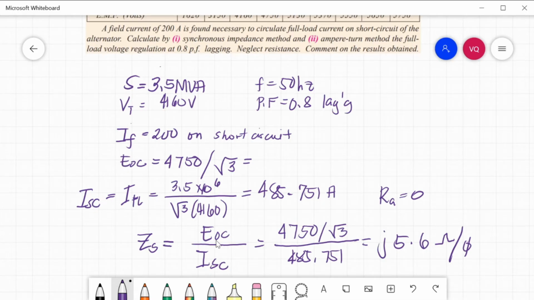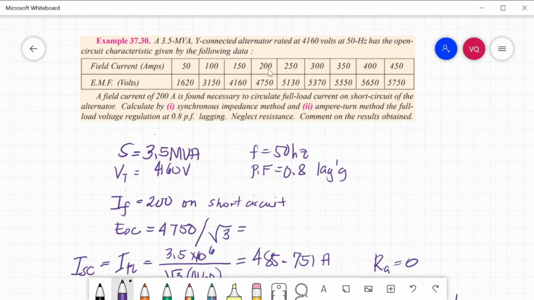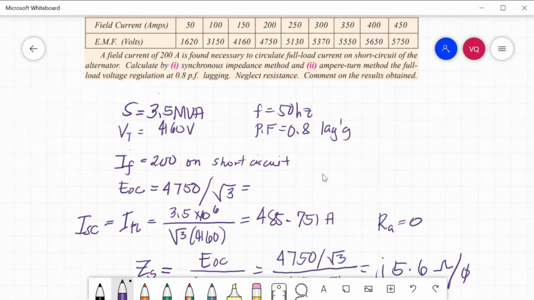For the open circuit voltage, at a field current of 200 amperes, it is 4,750 volts in three-phase. So we need to convert this into per phase by dividing by square root of 3: 4,750 divided by square root of 3.